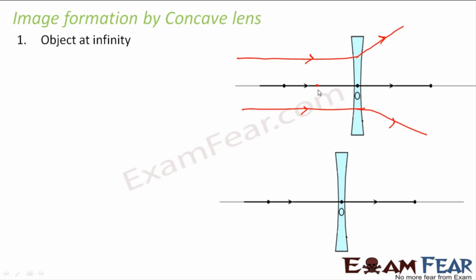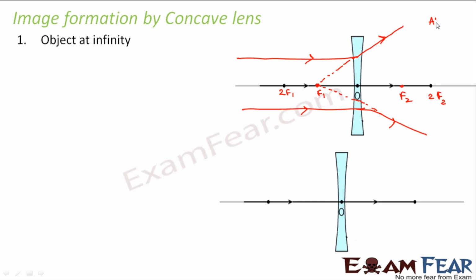Now let us suppose that this point is f1, this point is 2f1. Similarly, this point is f2 and this is 2f2. So what happens when we try to extrapolate these refracted rays in the backward direction? We see that they meet at this point. So we say that an image is formed at f1.